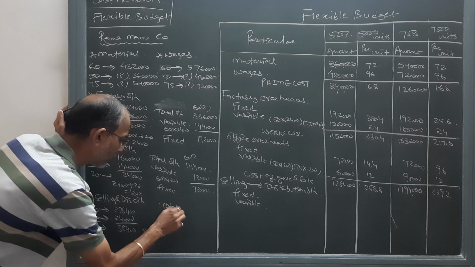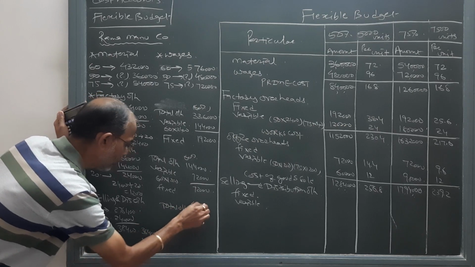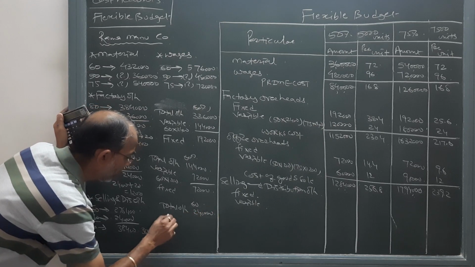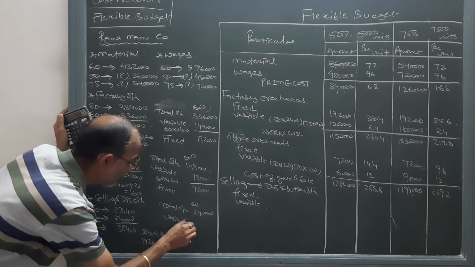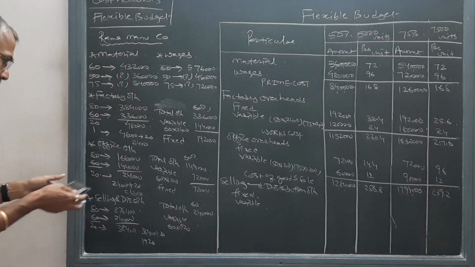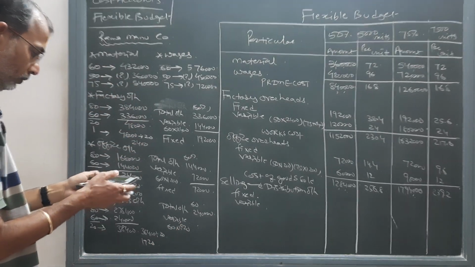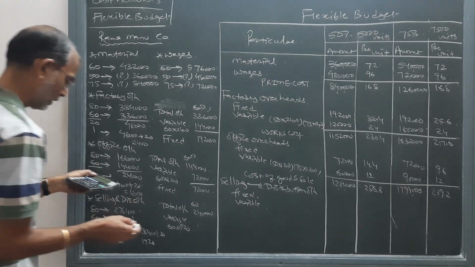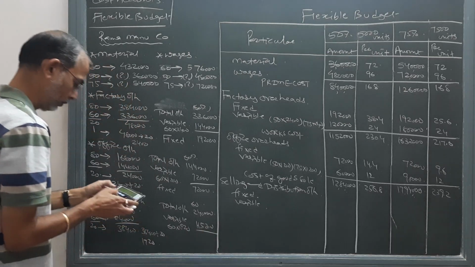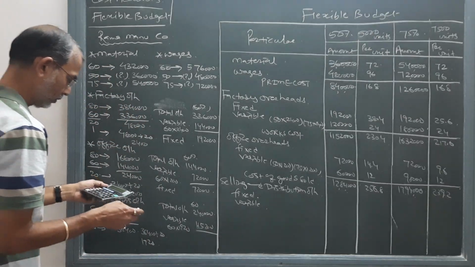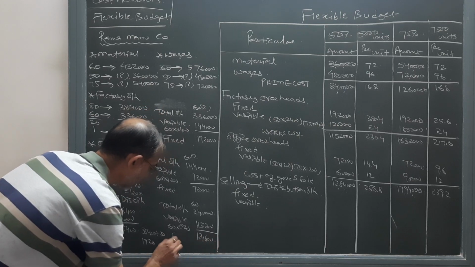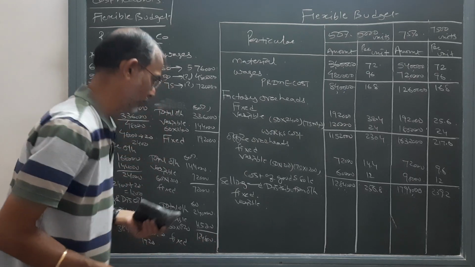Now total overheads at 60% capacity are 2,40,000. Variable 60 into 1920, that is 1,15,200. So fixed are 1,24,800.